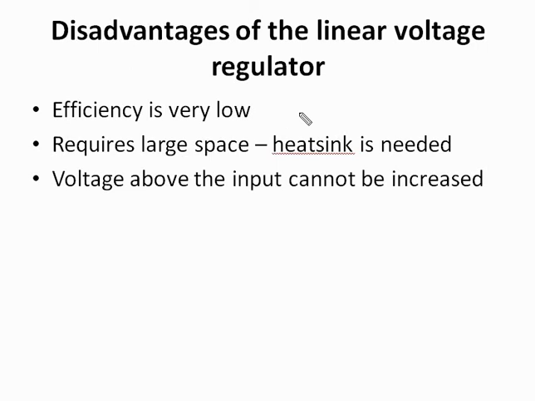So its efficiency is very low. It also requires heat sinks because the power is dissipated across the IC, so heat is produced. To dissipate the heat we require heat sinks.